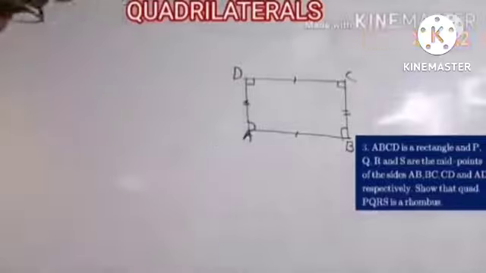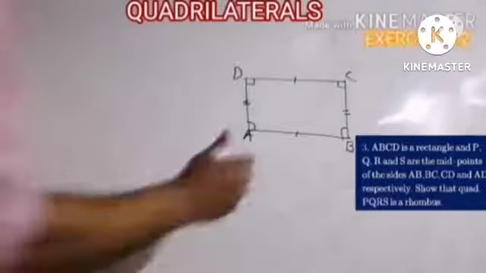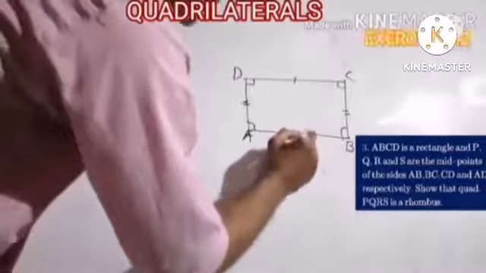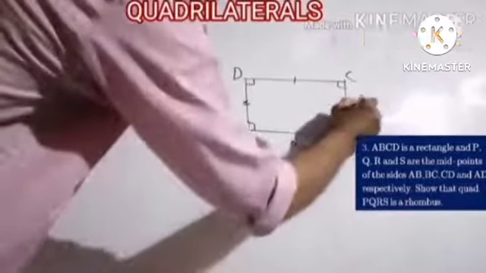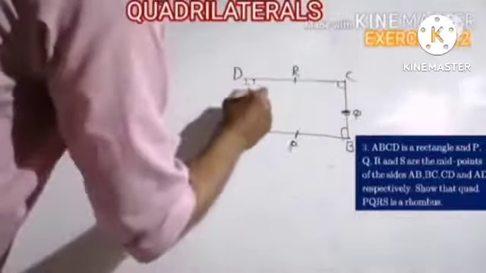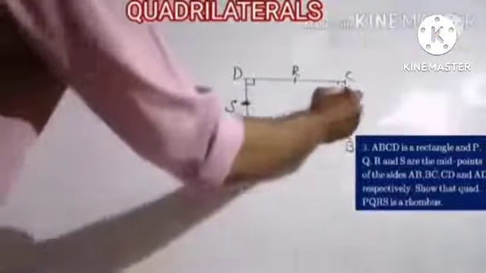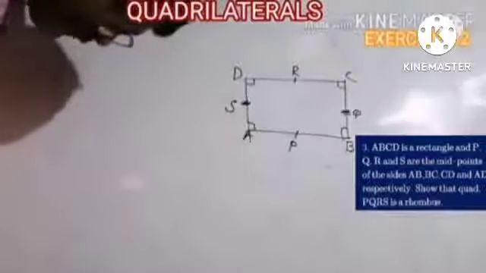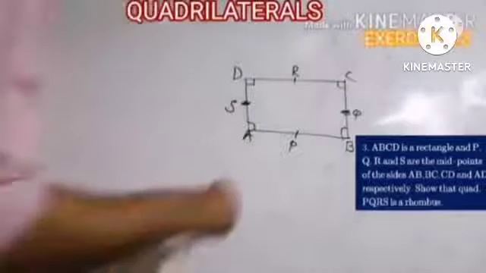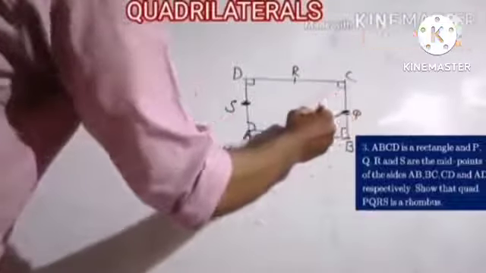P, Q, R, S are the midpoints of AB, BC, CD, AD. Yes, midpoints of the sides. Join them to prove that PQRS is a rhombus.